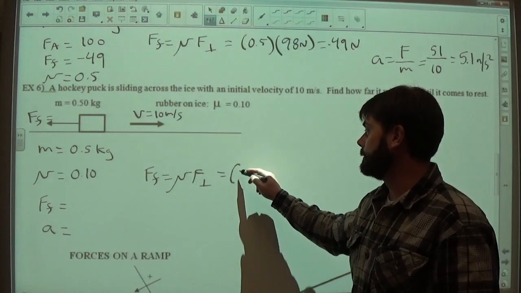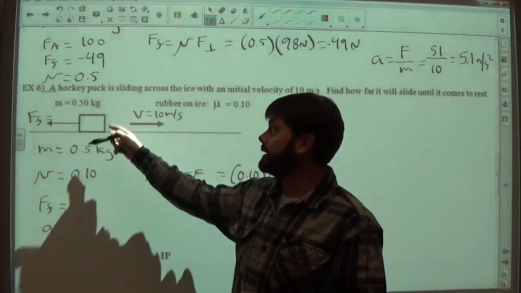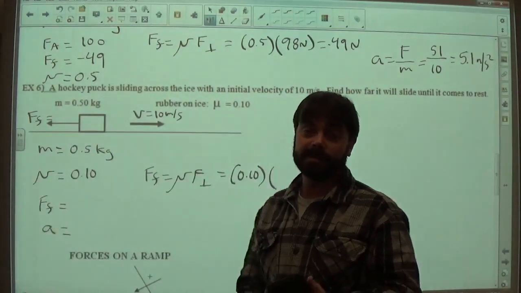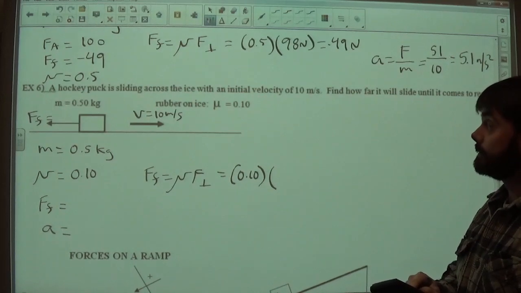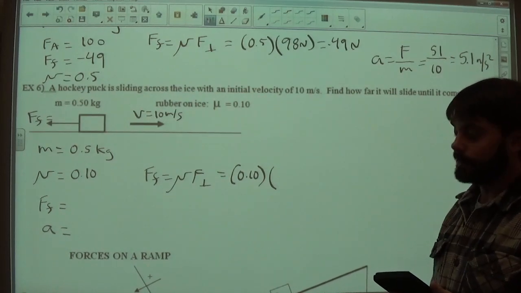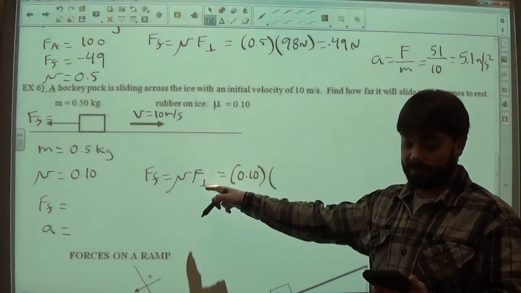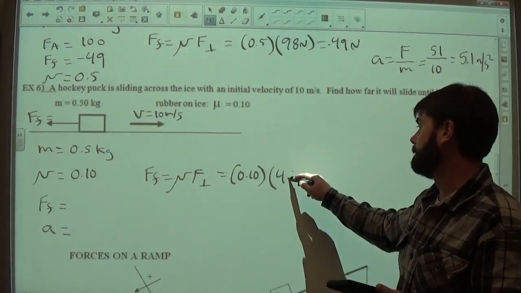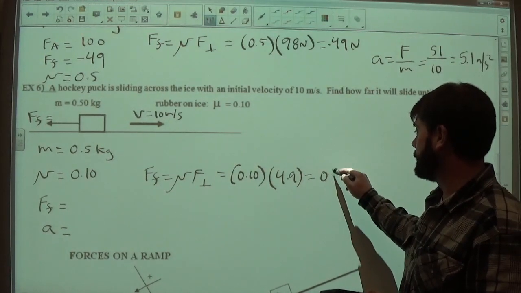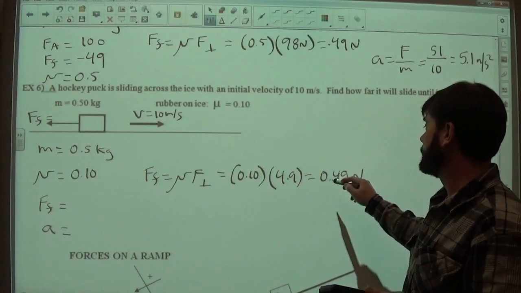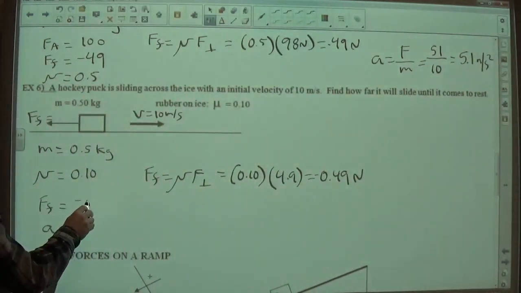Mu is equal to 0.10, and our force perpendicular is equal to the mass multiplied by the acceleration of gravity, because we are still dealing with a horizontal surface. So the mass is 0.5 kilograms, and the acceleration of gravity is 9.8. If I multiply those out, this gives me 0.49 newtons, and this will be negative, because it is going to be slowing things down to the left.